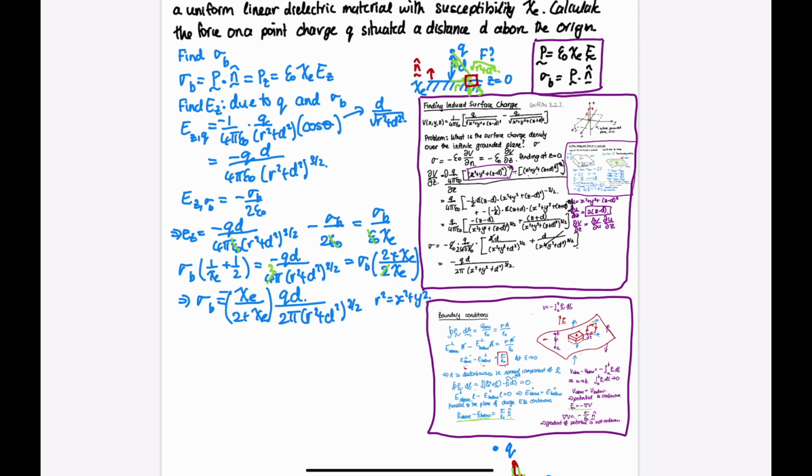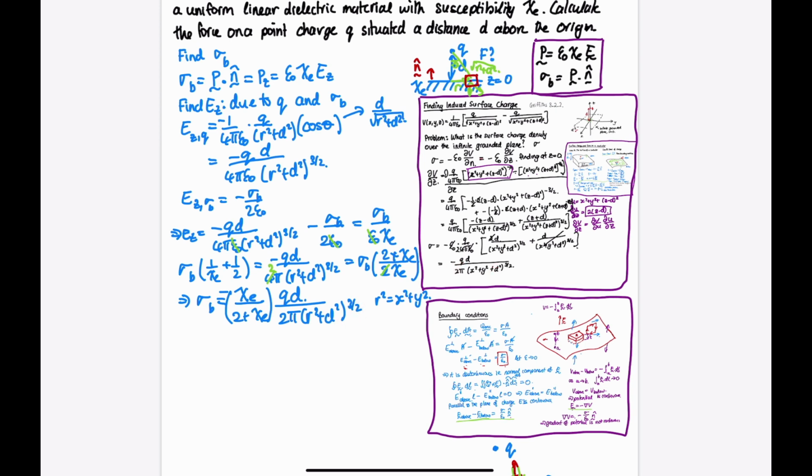Now, this is important because this is a good check, because we can see how the case for the bound charge compares with the case that we did before where we had the conductor. And you can see that these expressions are almost the same. We've got QD, negative, negative. We've got our 2 pi, (R squared plus D squared) to the 3 on 2.